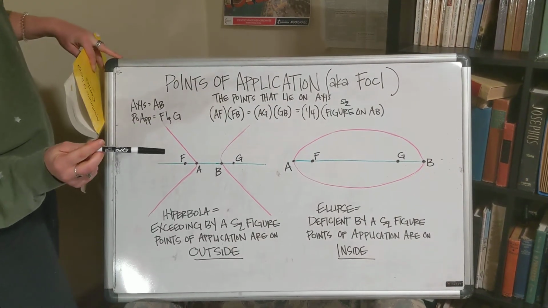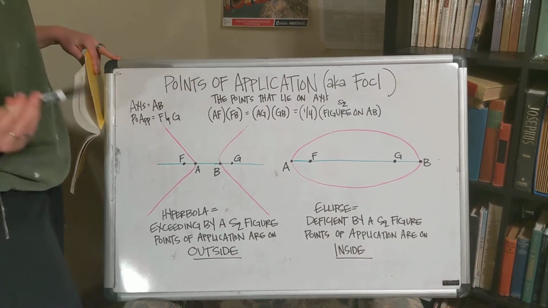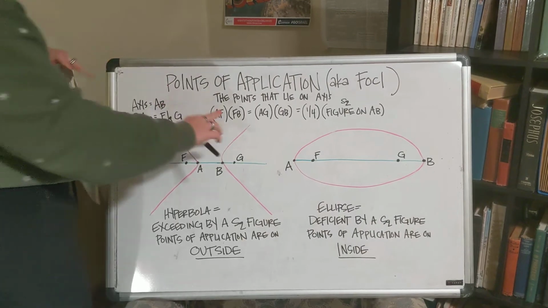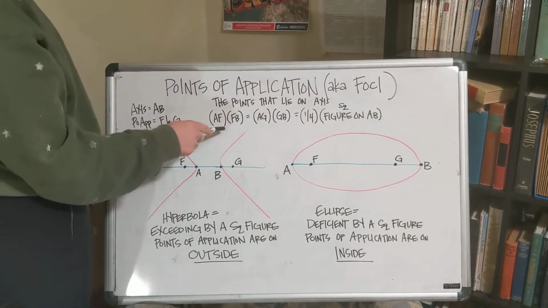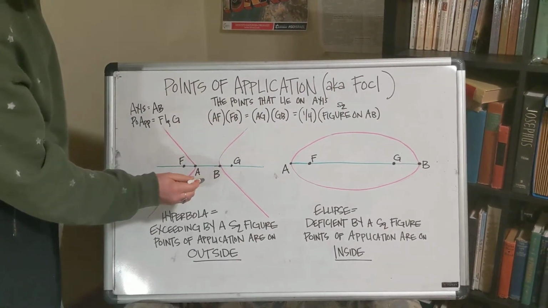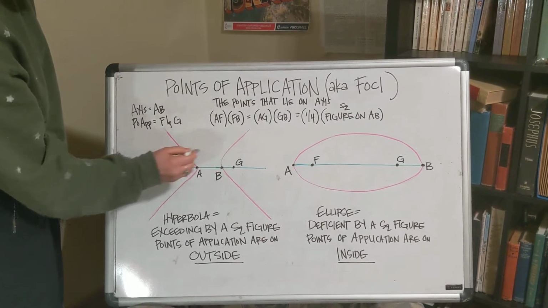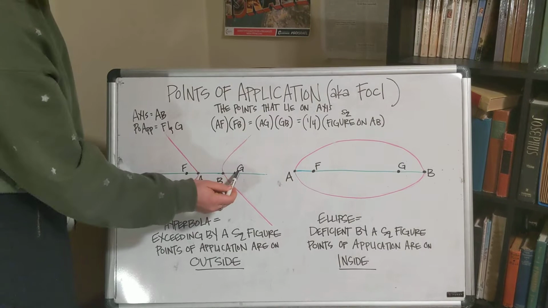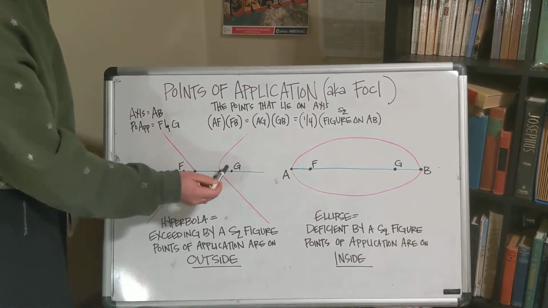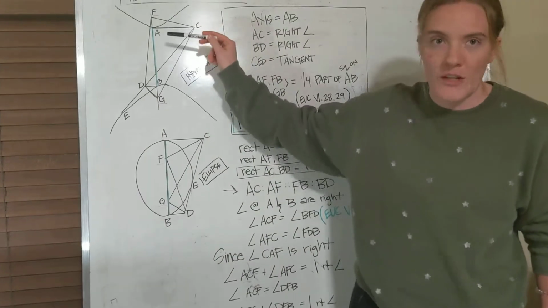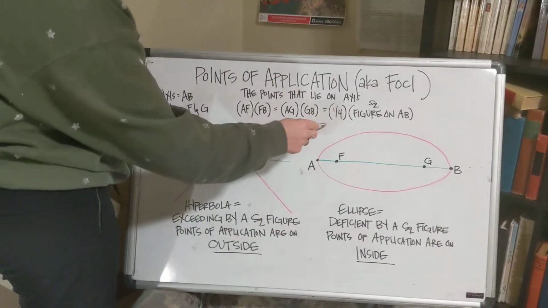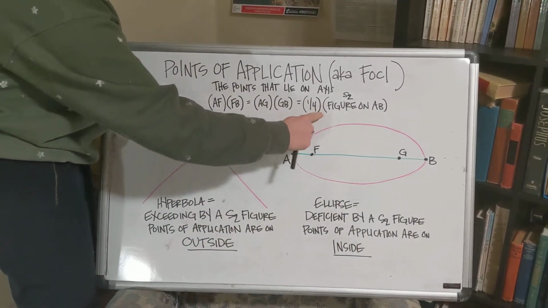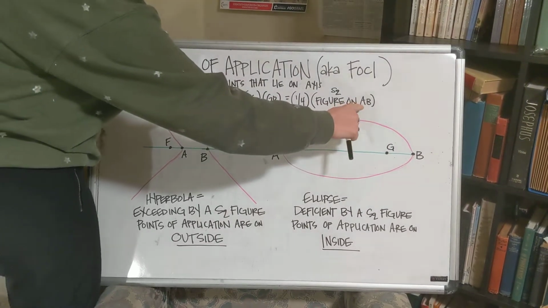And the website that we've been using to explain Apollonius a little bit better has this sort of equation. So the rectangle AFFB, this rectangle here, is equal to AGGB, this rectangle over here, which is exactly what we have in our proposition here with those two rectangles on the green line, is equal to a fourth part of the square on AB.